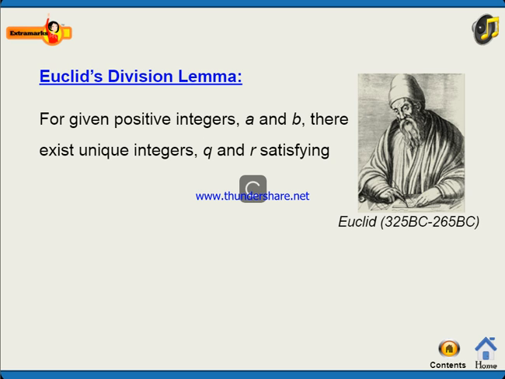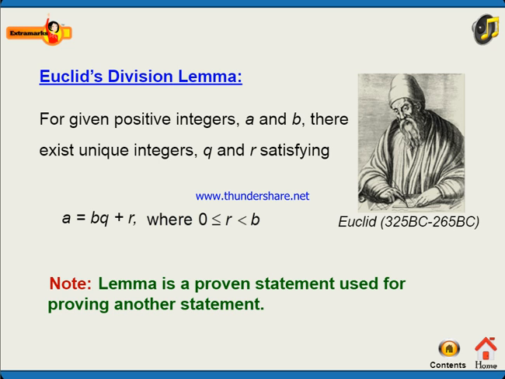For given positive integers a and b, there exist unique integers q and r satisfying a is equal to bq plus r, where r is equal to 0 or a positive integer less than b.